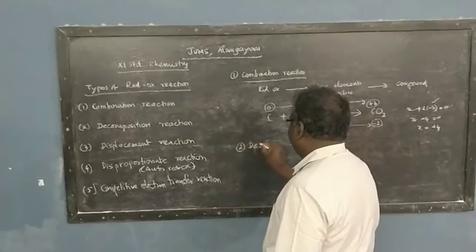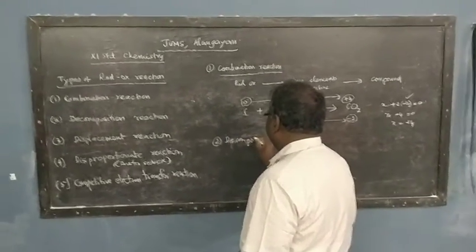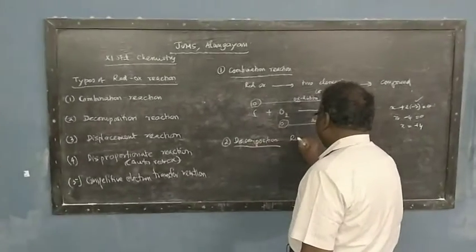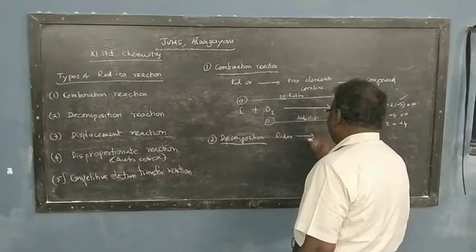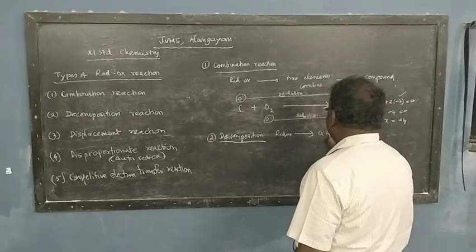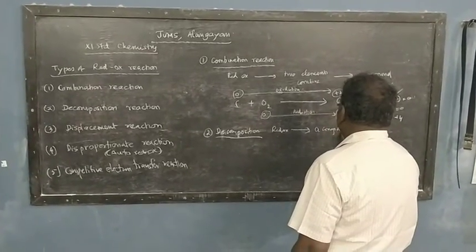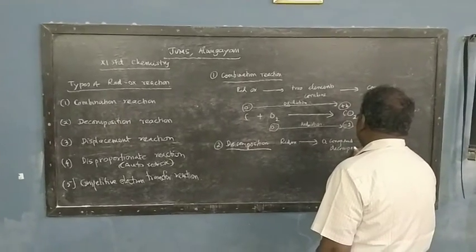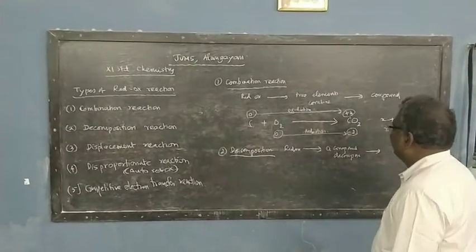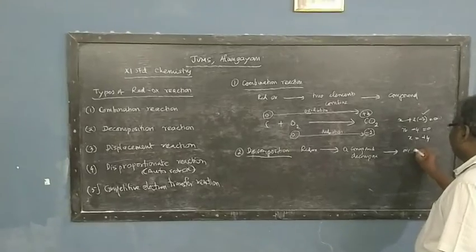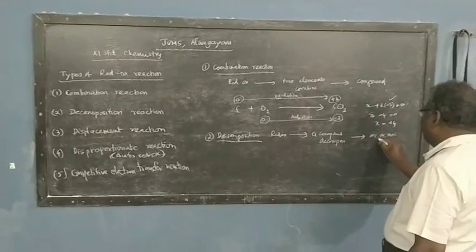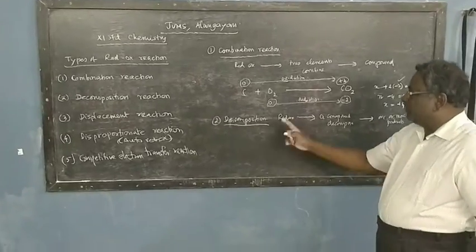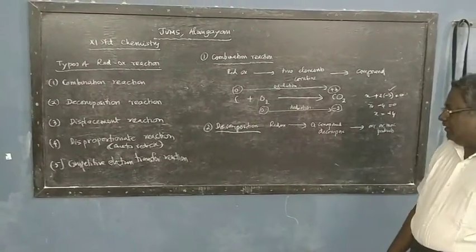reaction. Right? So the redox reaction in which a compound decomposes to form one or more products is being called a decomposition reaction. இதுக்கு பேர் என்னன்னு சொல்றாங்க?